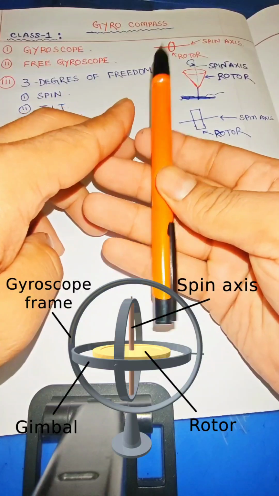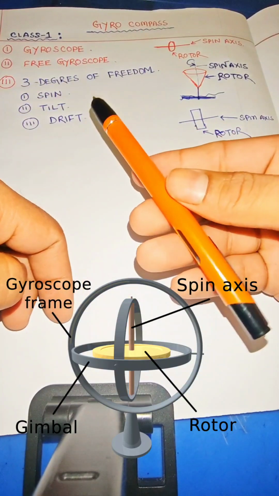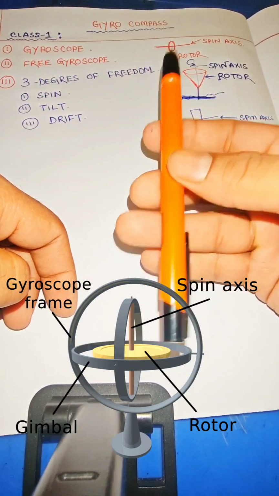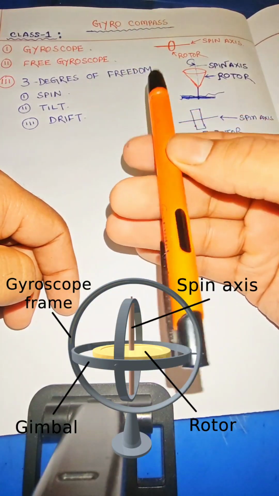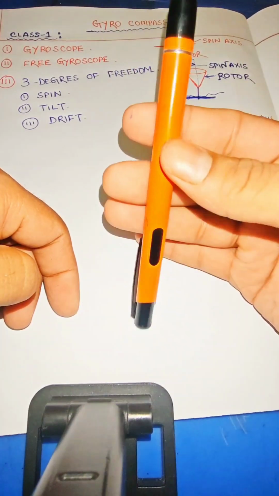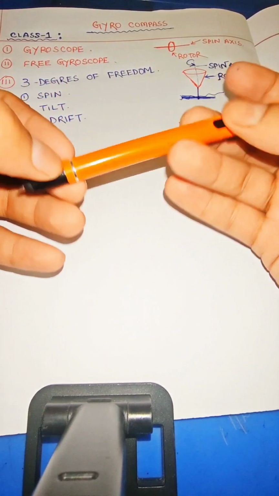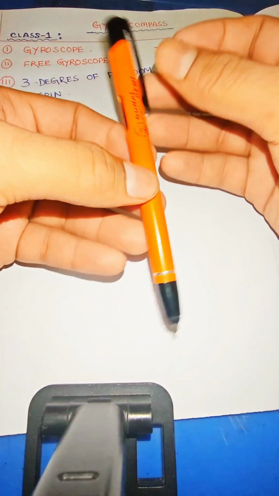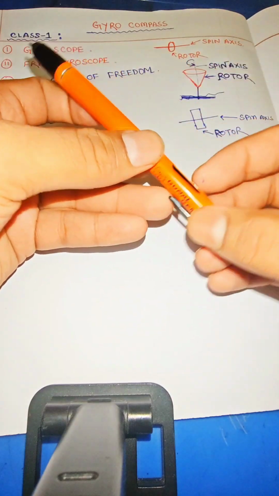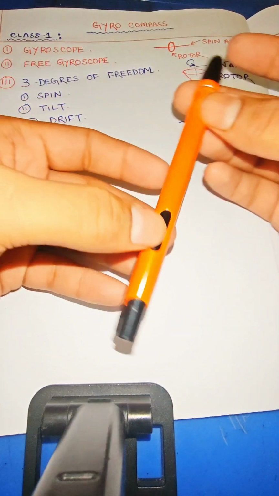And when it has an up and down movement, like this movement, vertically up and down movement, this is called the tilting, correct? And when it has a horizontal movement, like azimuth wise movement, this is called the drifting. Guys, you understand the 3 degrees of freedom?